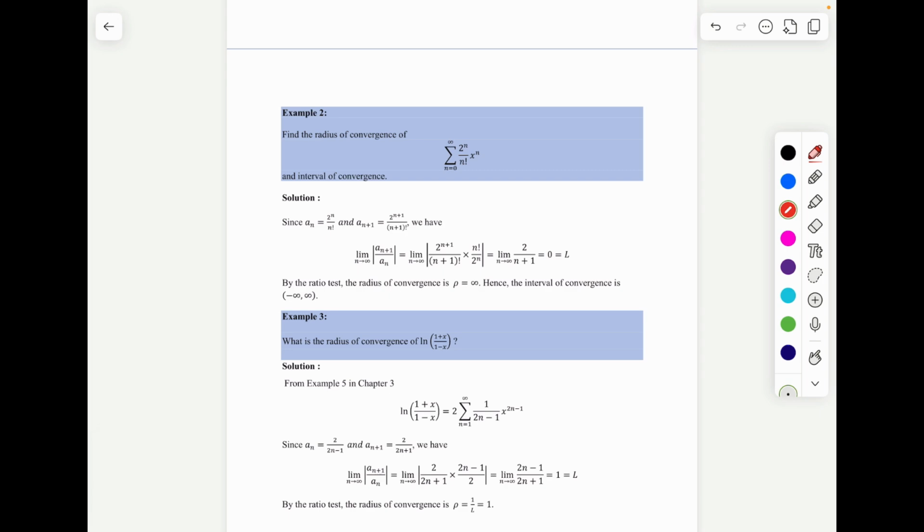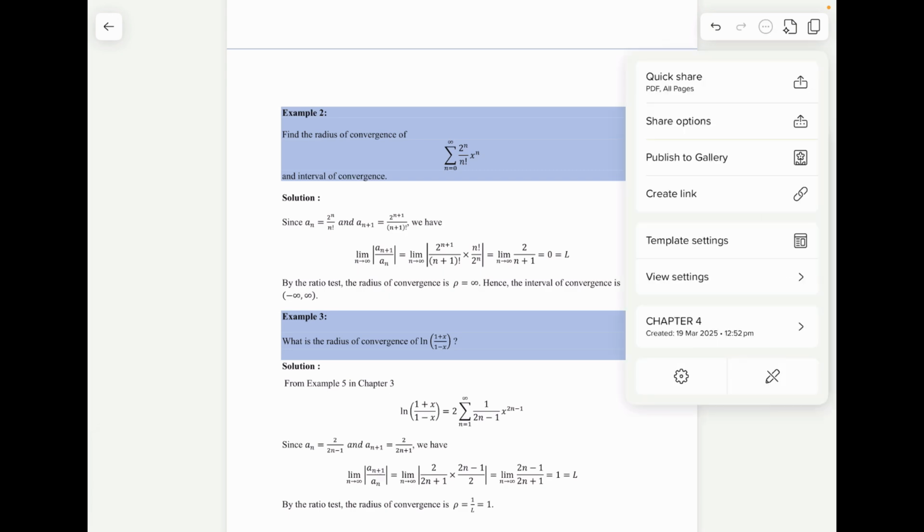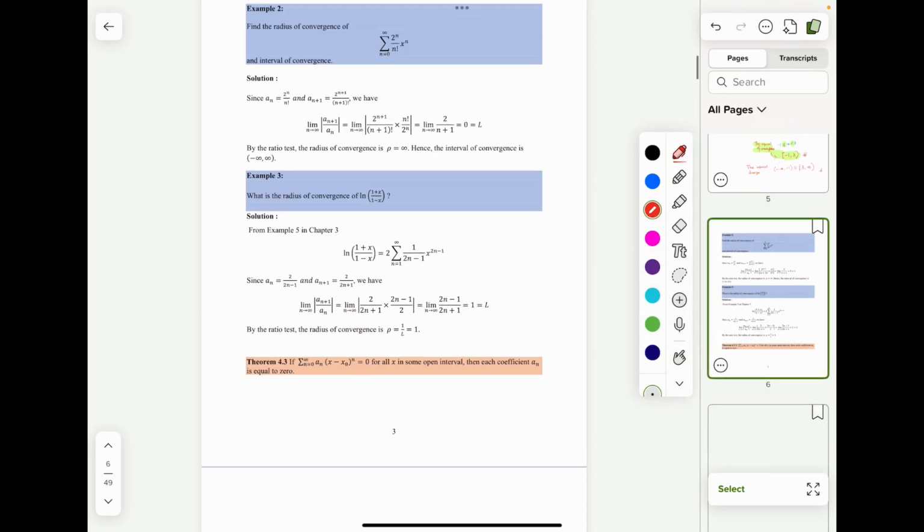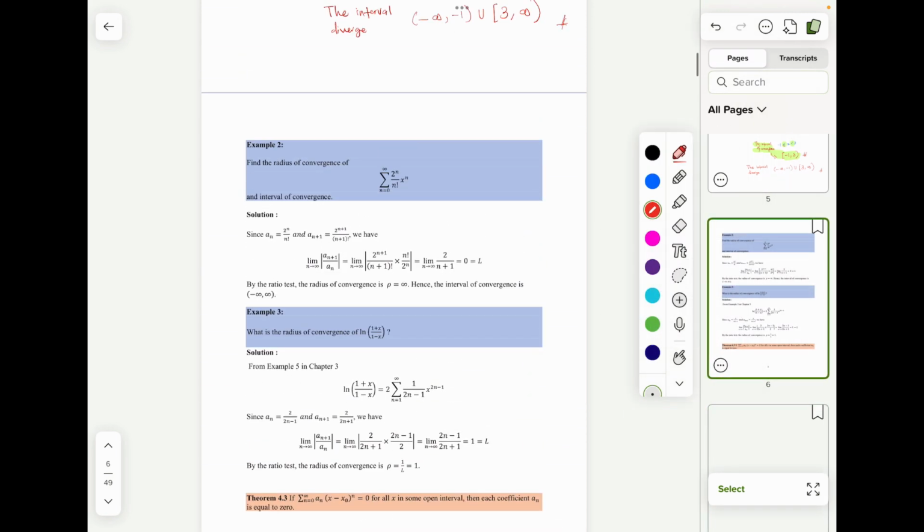Okay, example 2. Let us try example 2. You need to find the same thing, radius of convergence and the interval of convergence.